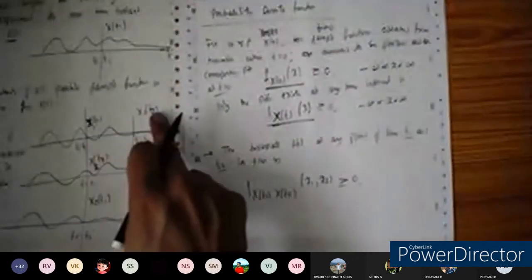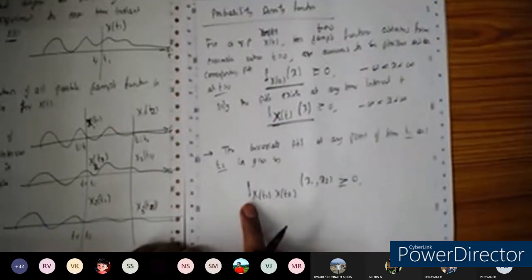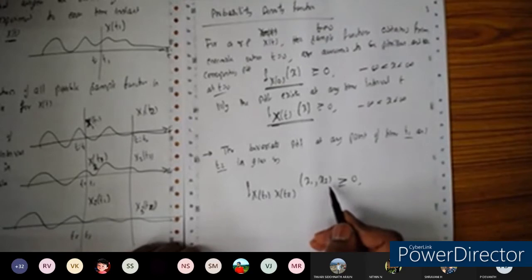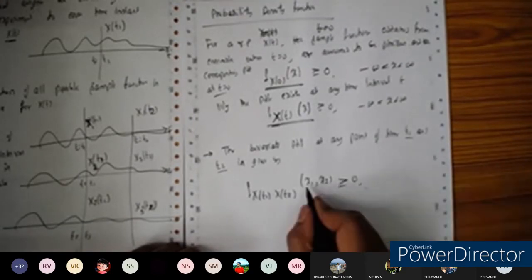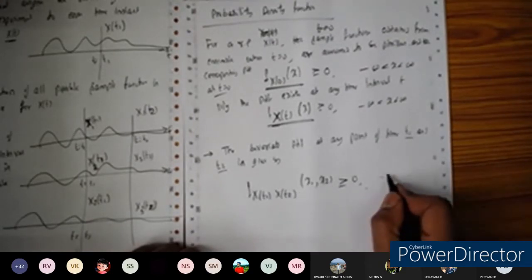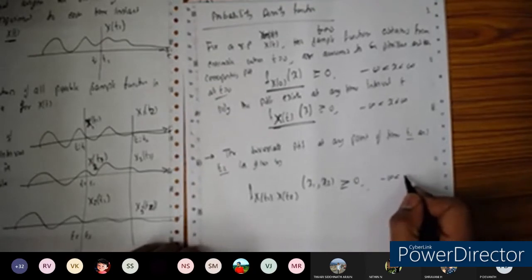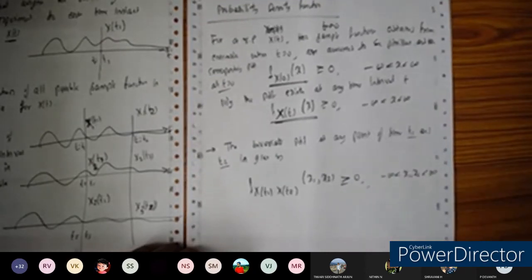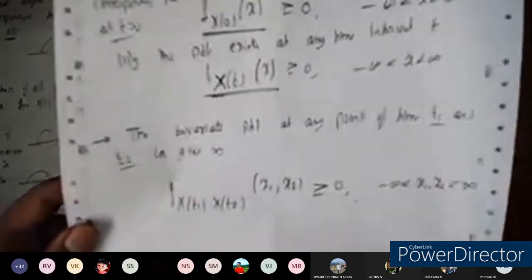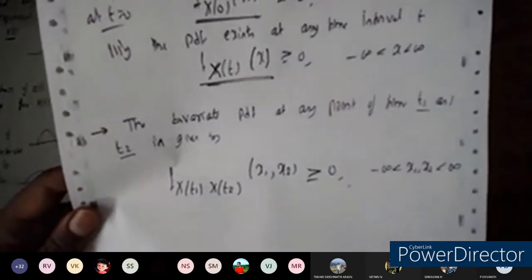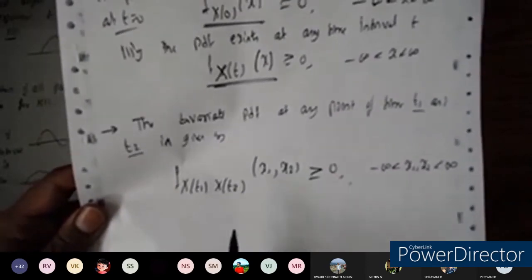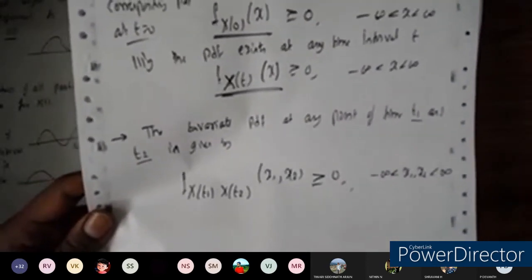For the two time intervals, the bivariate PDF can be defined as fx of t1, x of t2 for x1 and x2, where, since we consider two random variables, minus infinity is less than x1 comma x2, which is less than plus infinity. So this is for the two random variables at the two time intervals t1 and t2.